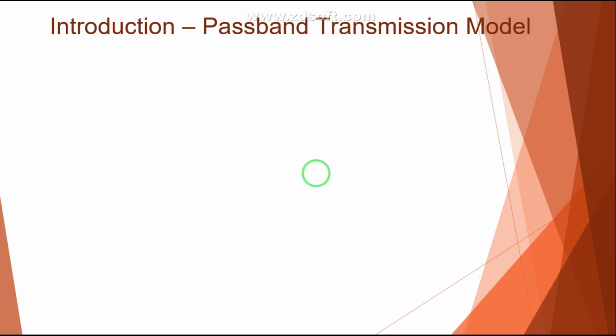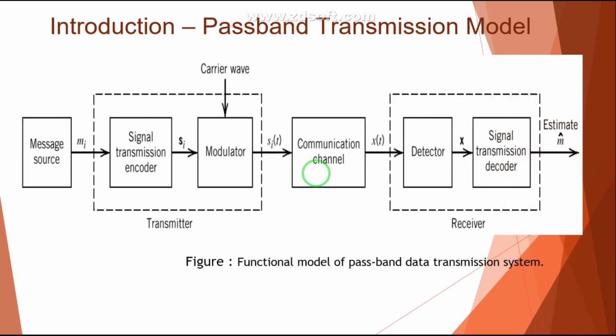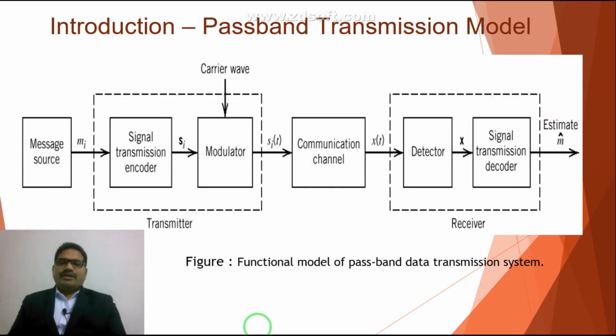Now, starting with the passband transmission model. You can see on the screen that this is your message source, which is going to produce your message. The signal transmission encoder and modulator form your transmitter. The output of the modulator is given to the communication channel.